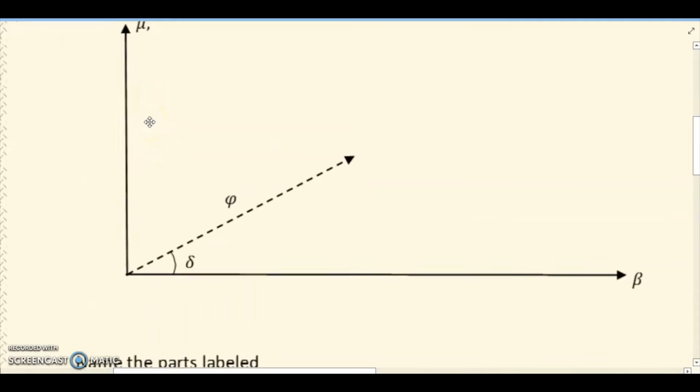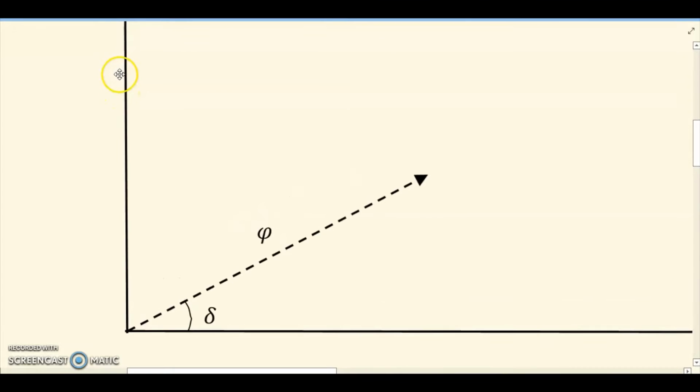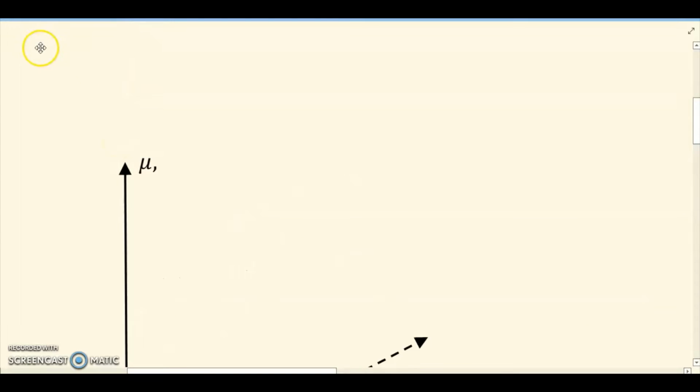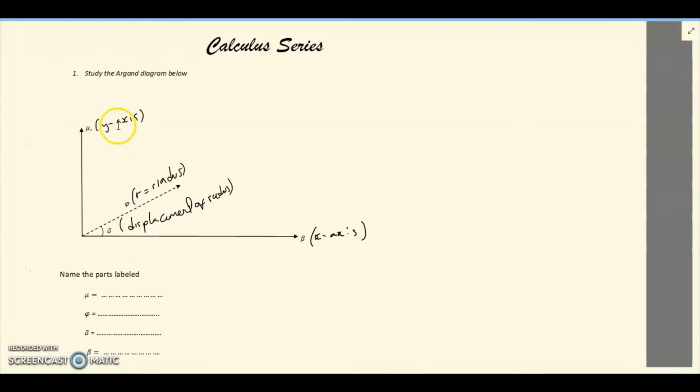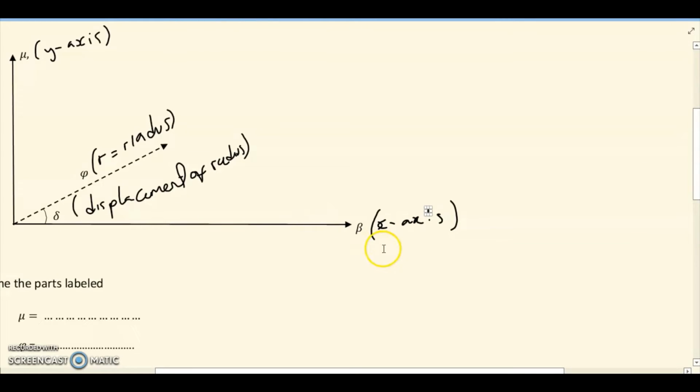Okay, just do that. So this is the y-axis. This is omega, which is the radius. Delta is the displacement of the radius, which is also written as theta. Then we have beta, which is the x-axis.